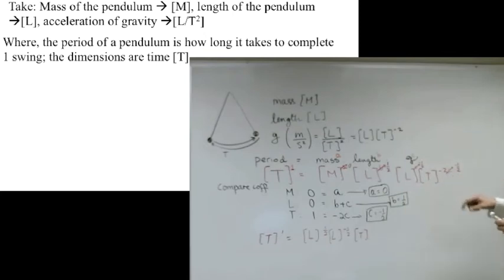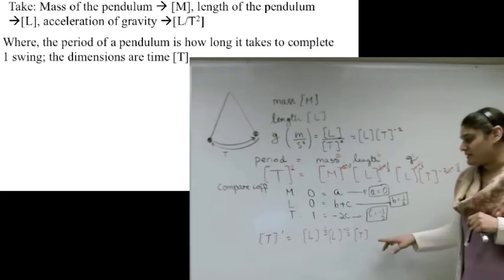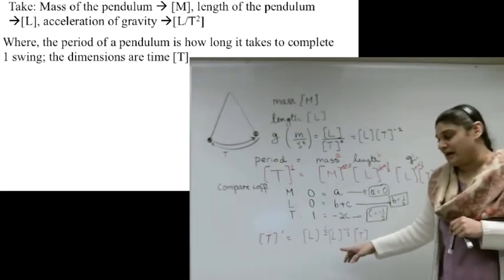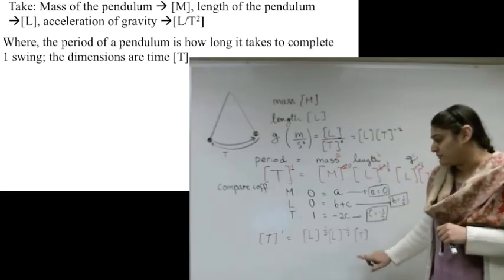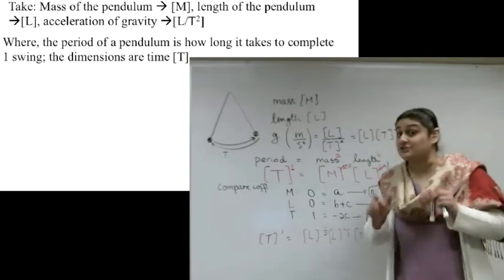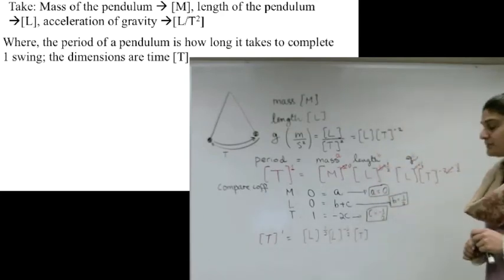Just a T, because 2 gets canceled with 2. Woo. Be careful. Now see what happens. L a half and L a half goes away. What am I left with? T on this side and T on this side, just the way it's supposed to be, right?